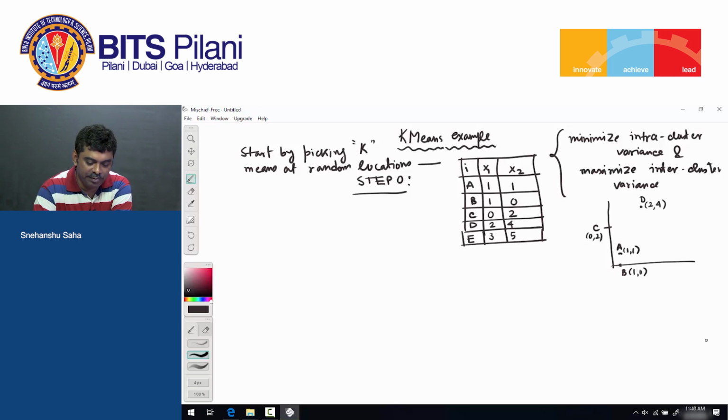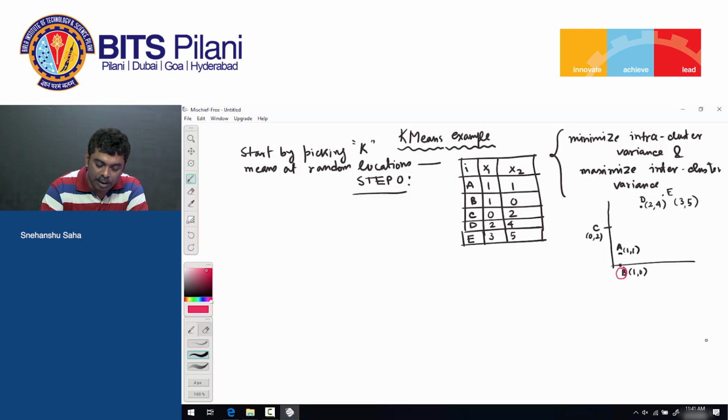And E is at 3, 5. Intuitively, it looks like A and C can be chosen as cluster means. Why? Because the only other point really close to A is the point B, right?